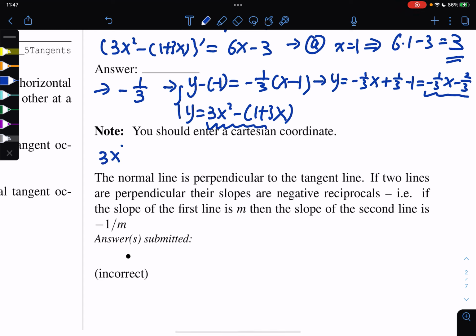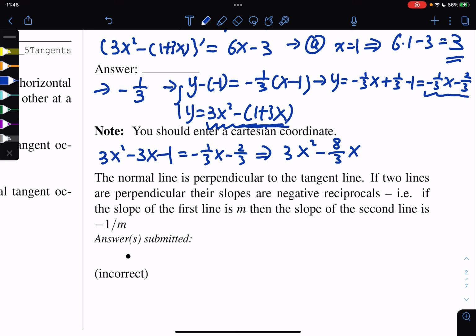So let's carry out my calculation. I have 3x squared minus 3x minus 1, that's this expression here, equals -1/3 x minus 2/3. So I end up with 3x squared minus 3 plus 1/3, which means minus 8/3 x, and then minus 1 plus 2/3, which means minus 1/3, equals 0.